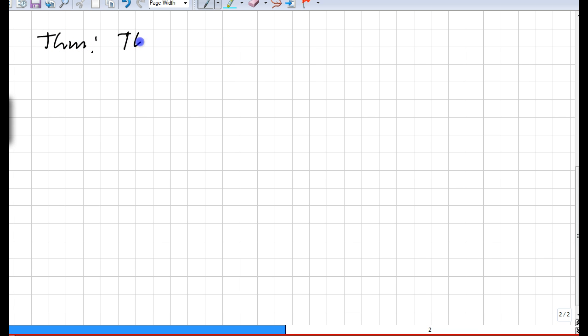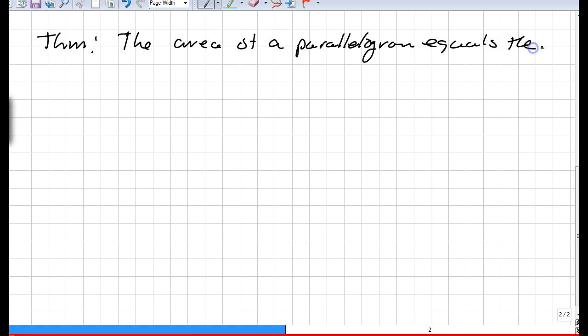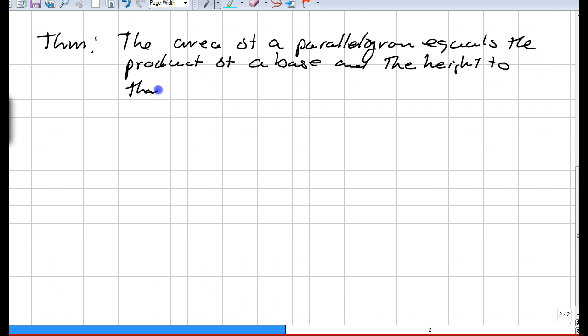So it says the area of a parallelogram equals the product of a base and the height to that base.